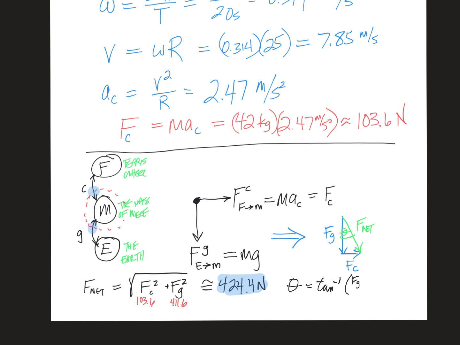The y part, up and down, is gravity, the x part would have been the centripetal. If you do the inverse tangent of that ratio, of the sum of y forces over the sum of x forces, you're going to get 14.1 degrees. And it's going to be from the vertical. Okay? So that's what it took to answer this question.